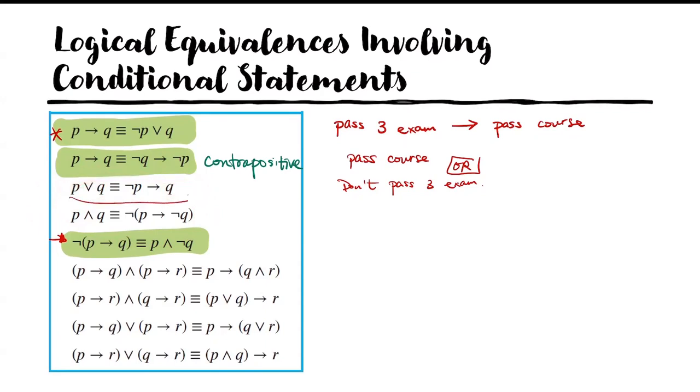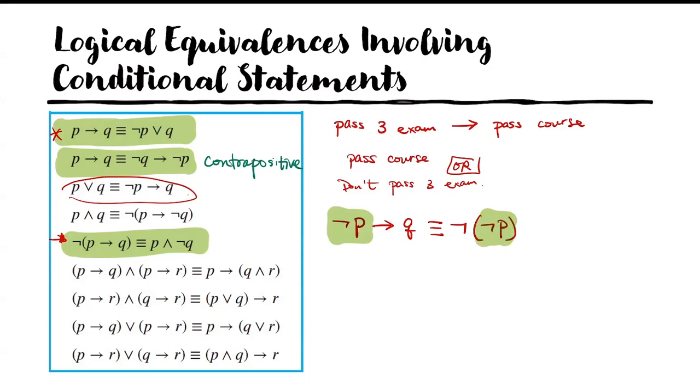So if you just take this, I can derive this from the first one. Right, so let's say you start from not P implies Q. From the first condition, what do you know? If you apply the first one, then you will have the negation of the first proposition or the second proposition.